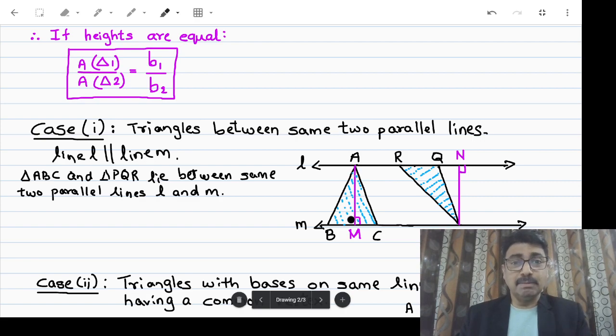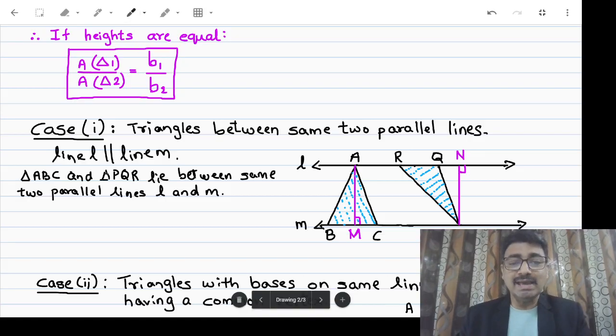So AM is the perpendicular height for ABC, PN is the perpendicular height for PQR, but both AM and PN are basically the perpendicular distances between the two parallel lines L and M. But L and M, as I said, are parallel, which means the distance between them is going to be constant. It's going to be constant always.